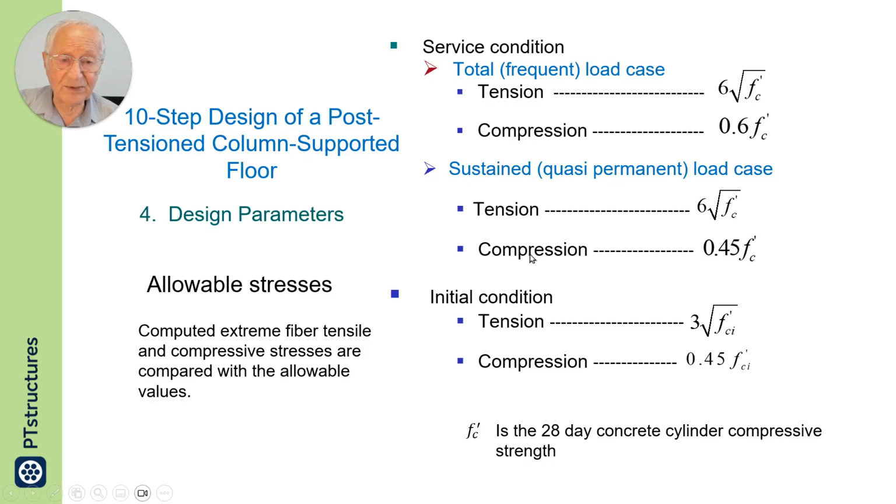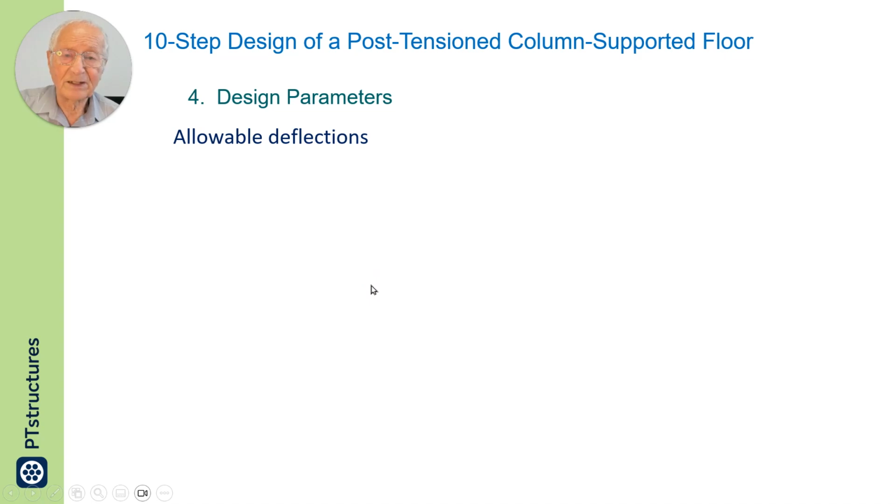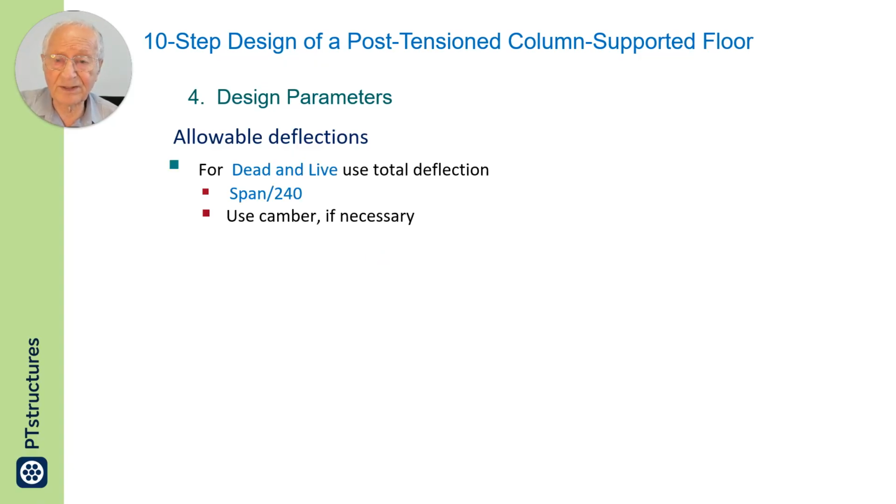The allowable value is given, but it is left to the judgment of the design engineer to select what fraction of live load is likely to be on the slab on average over its lifespan. Now, allowable deflections.